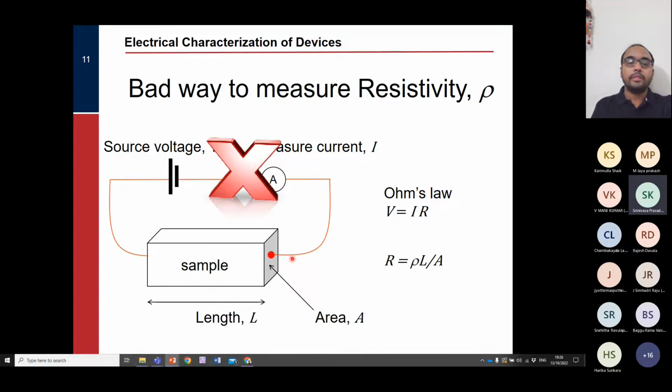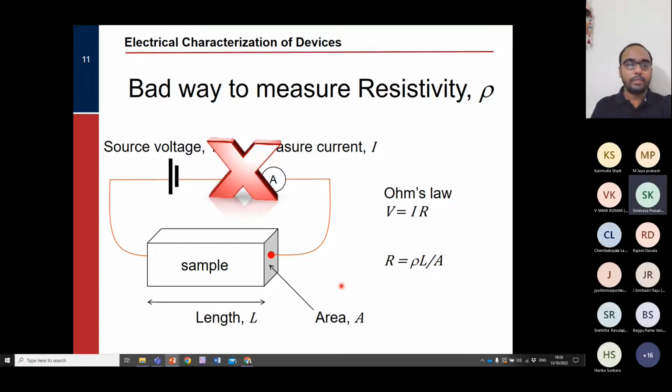There could be a big difference of resistivity between the contact, or this wire, and the material itself. So there is a conductivity jump or resistivity difference there, and that can give us quite a lot of error. For some materials this works okay, but for some other materials it gives very wrong results.